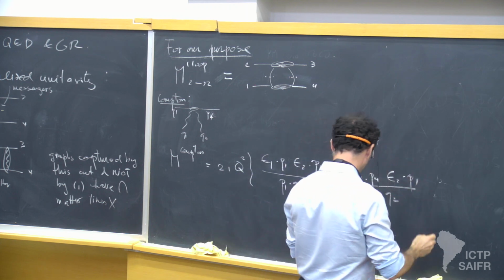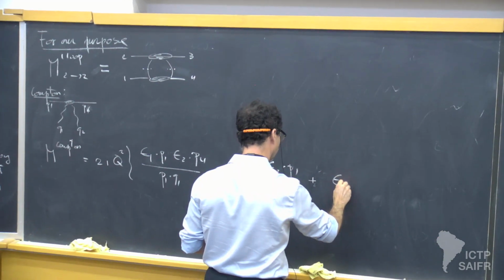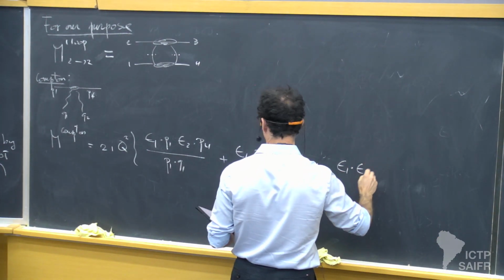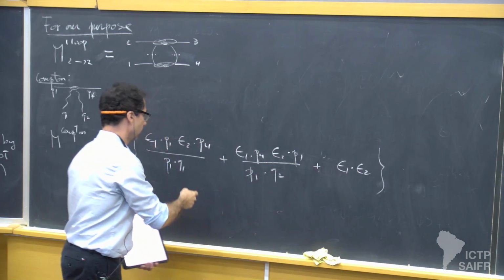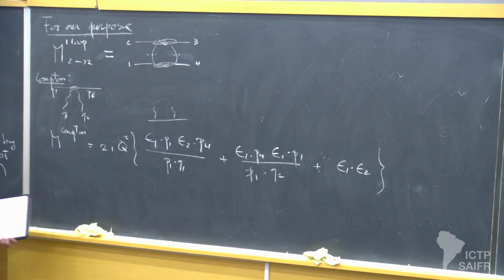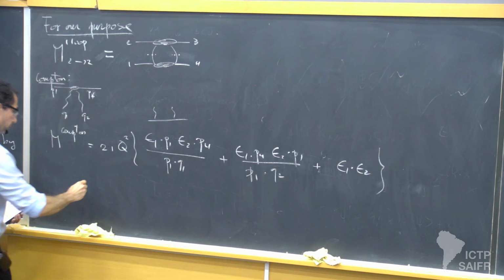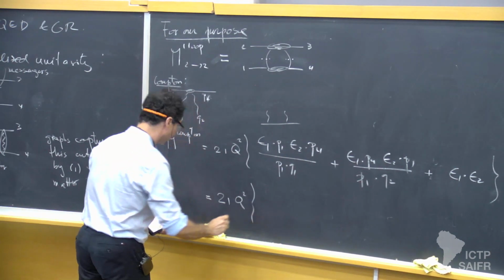And I'm sure you can notice the graphs that contribute to this, plus epsilon 1.epsilon 2. So Donald's expression was just this. These two terms correspond, of course, to the exchange graphs. So this is one version of this. Another version of it is the following.